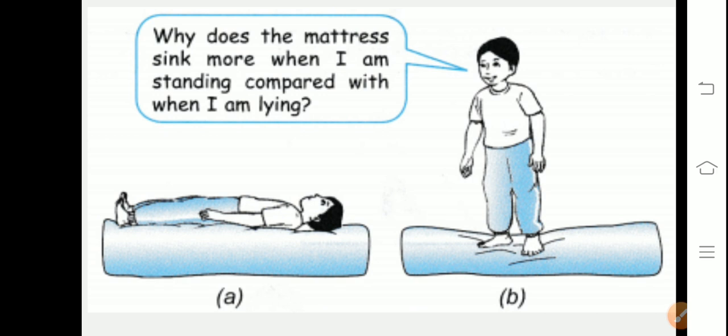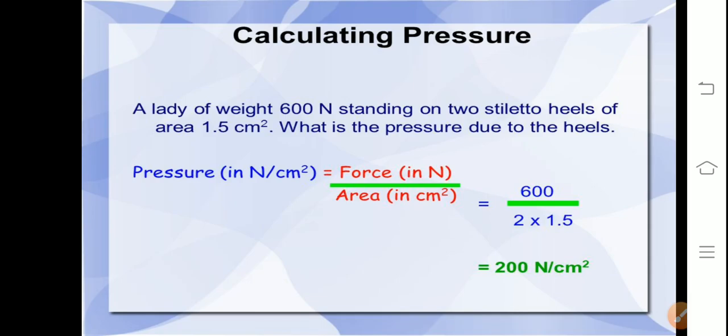Reverse it and try the same activity, then you feel better than the previous one, because the sharp edge has less area and will apply more pressure. That's why you feel pain, right?